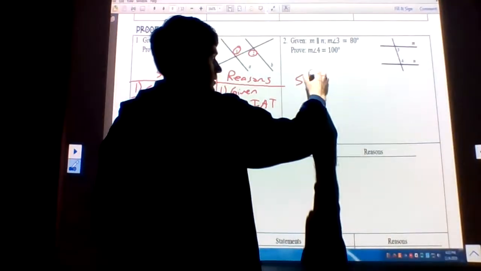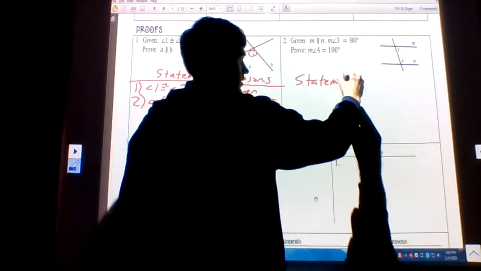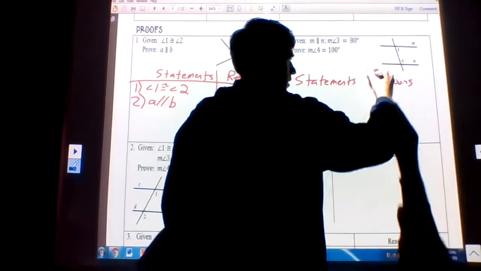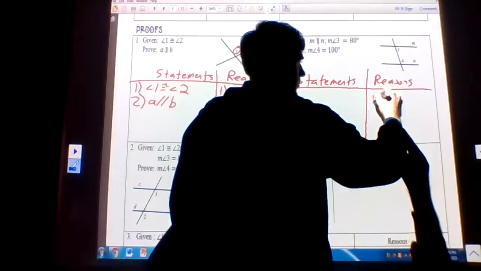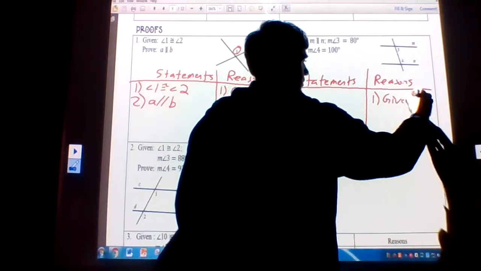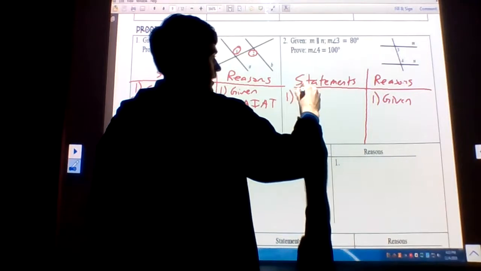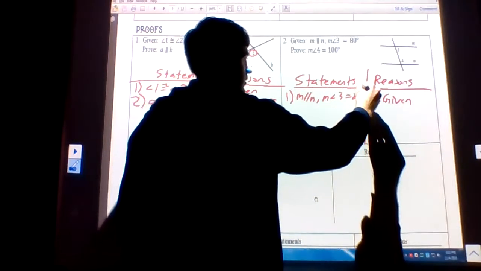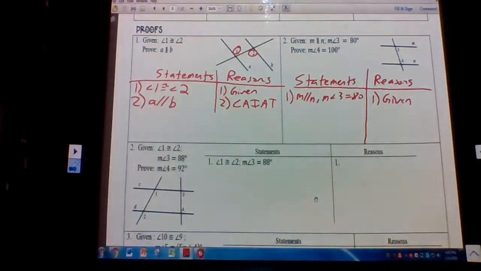Okay, number 2, we have statements, reasons. First step is always your given. So we're given 2 pieces of information here. We're given that M is parallel to N, and the measure of angle 3 equals 80. And we want to prove the measure of angle 4 equals 100.